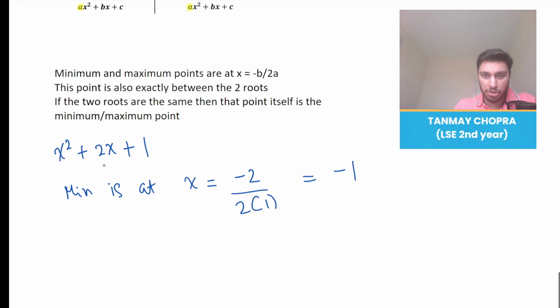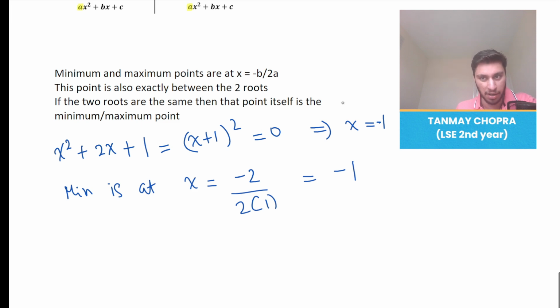Now, what were the roots of x squared plus 2x plus 1? As I told you, this expression was the same as x plus 1 squared, which means if this was equal to 0, then x would be equal to negative 1. And negative 1 is a repeated root, because this is x plus 1 times x plus 1.